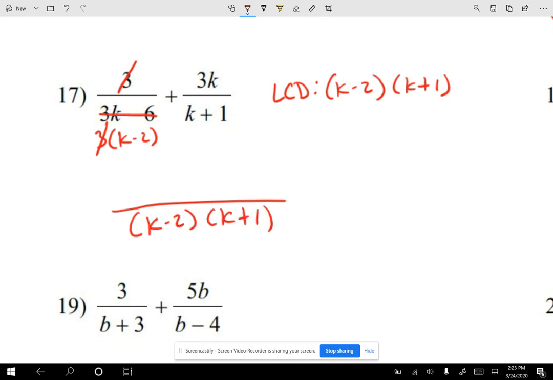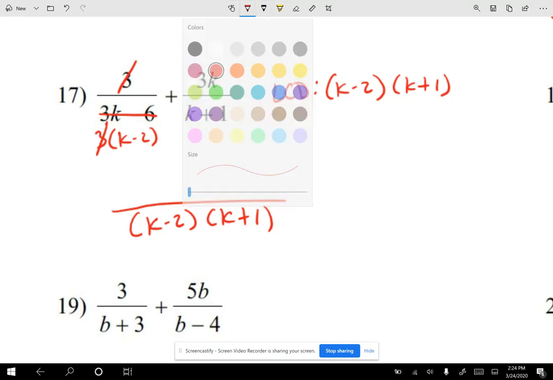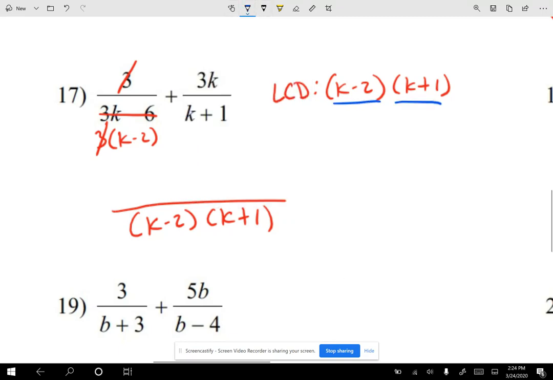Right. Here I'm dealing with addition of fractions. So I ask myself, from the 2 parentheses that I'm supposed to have, the one that I don't have on the first fraction is k plus 1. So let me multiply the top with k plus 1. From the two parentheses I'm supposed to have, the one I don't have on the second fraction is k minus 2. So let me multiply the top with k minus 2. So from the first fraction, I just have a k plus 1. From the second fraction, let me distribute the 3k.